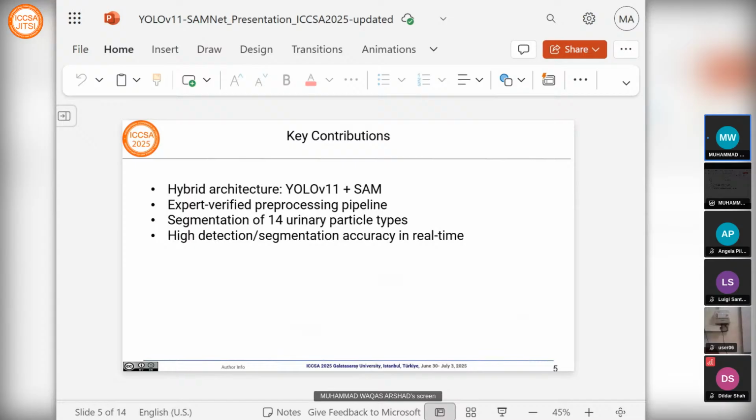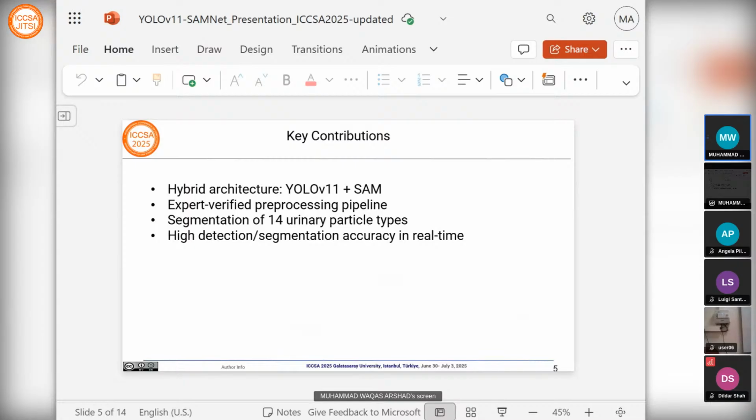We take help from experts in the medical field, because before using the model or any other approach, it is very important that our data is stable and accurate.